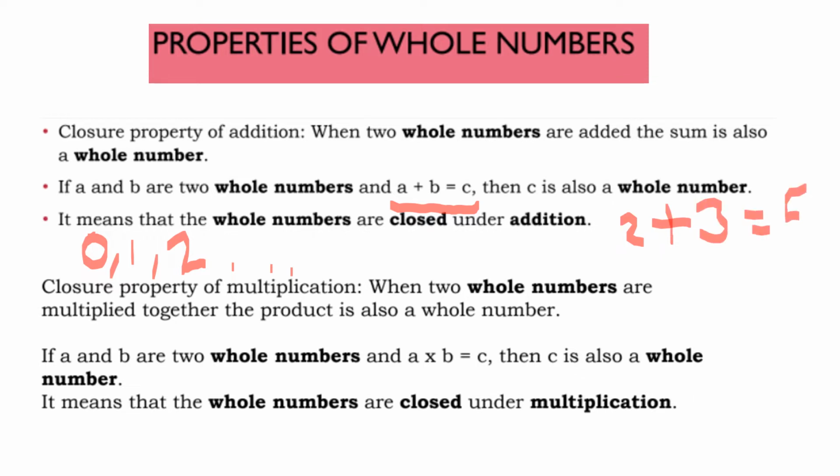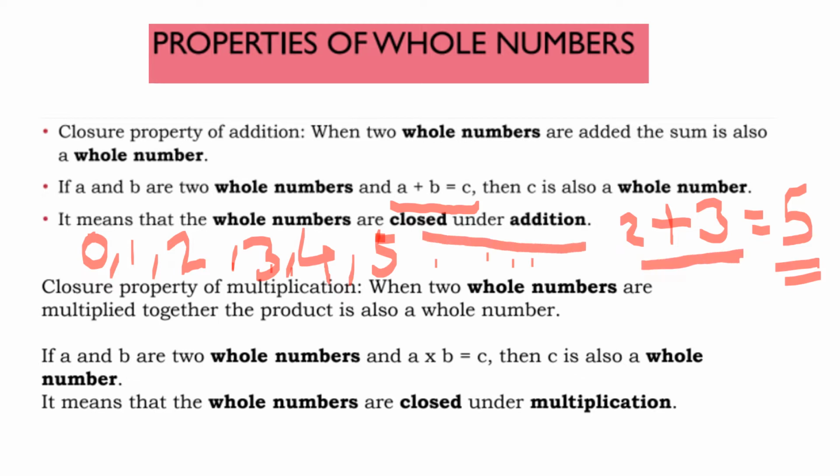The sum of these two numbers will be 5. Now this 5 is also in the set, that means 1, 2, 3, 4, 5. This is also in the set of whole numbers. Therefore, the addition of the whole numbers is closed.